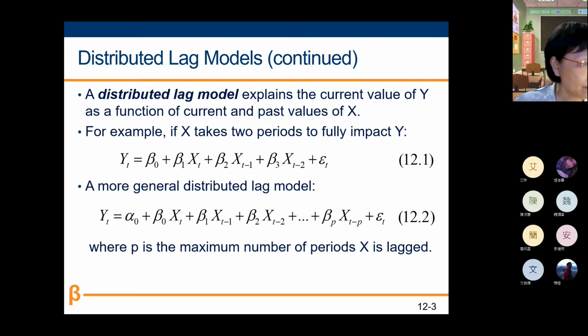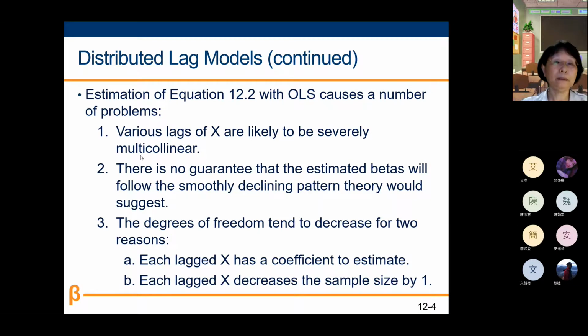Okay, so let's see. If we use OLS to estimate 12.2, there's no guarantee that the estimated betas will follow the smoothly declining pattern theory would suggest.